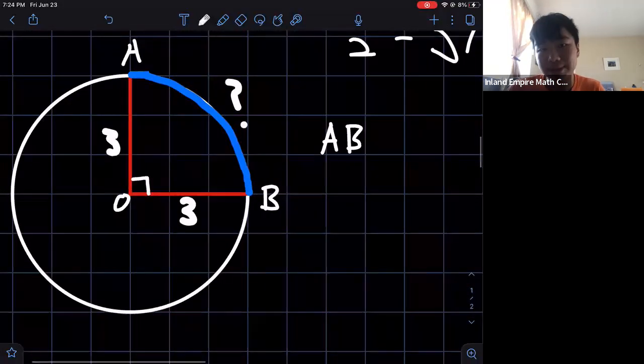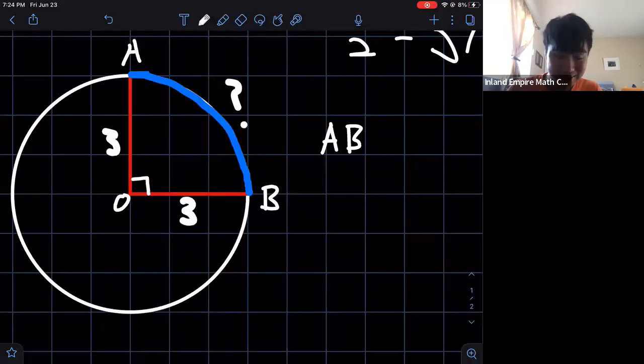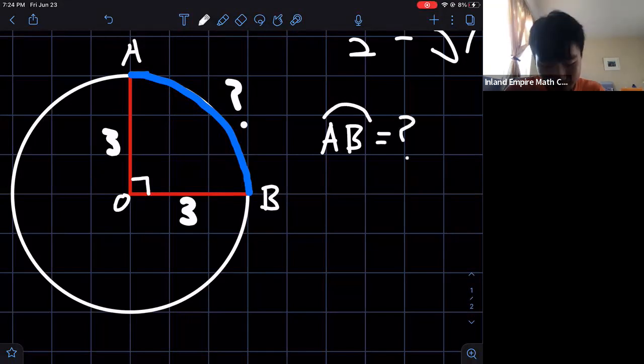You can't just write AB, because usually AB would just mean a line, and you would be asking what the length of the line between A and B is. But if we want to talk about arcs, we can simply add a little arc symbol on top. That means we're talking about the length of this arc. So what is the length of the blue arc? Equals question mark. I'll give you guys a moment to think about it, and if you want to review anything, I can put all of this in the chat.